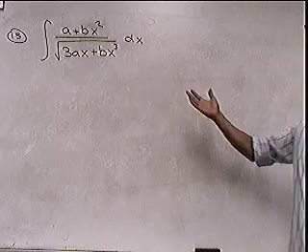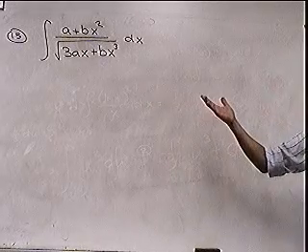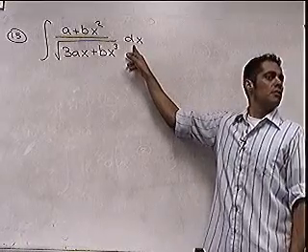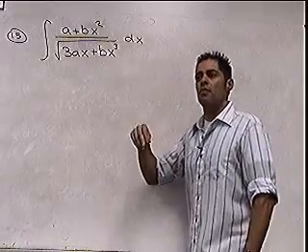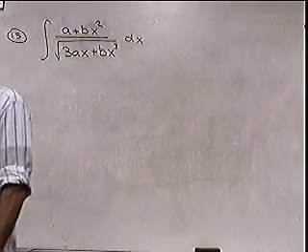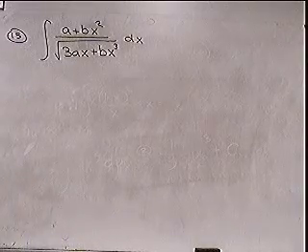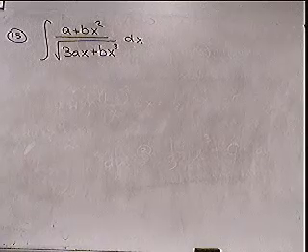But in this problem, how can we tell what the variable is? Dx tells us with respect to what variable. So X is our variable, A and B are just fixed numbers, we don't know what they are. Okay?